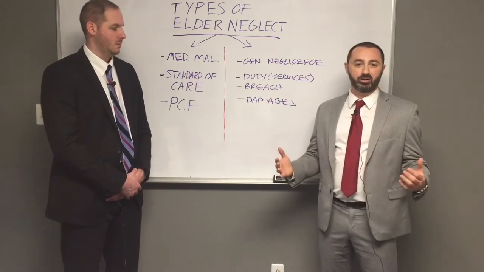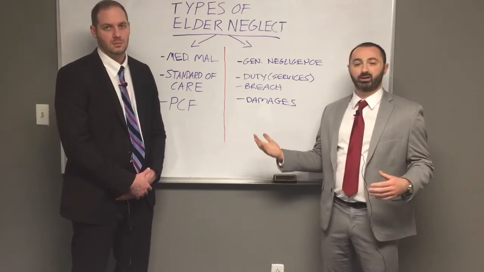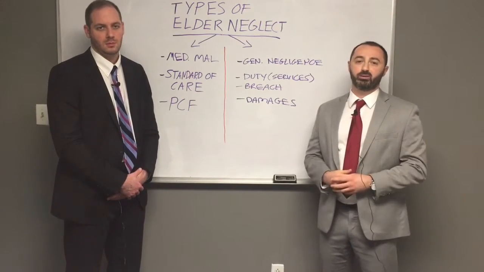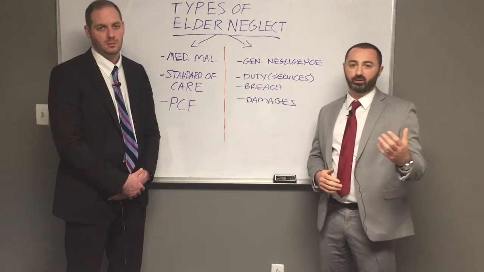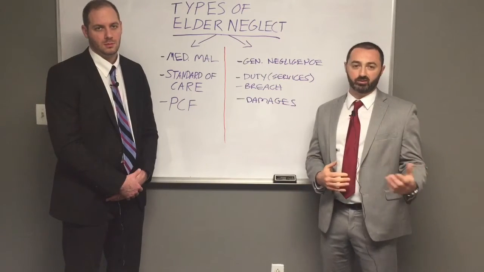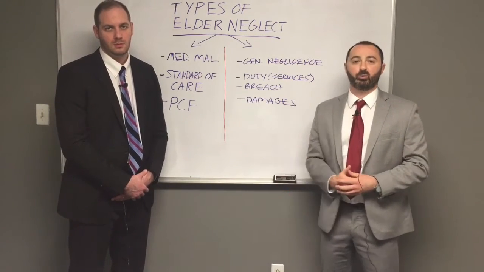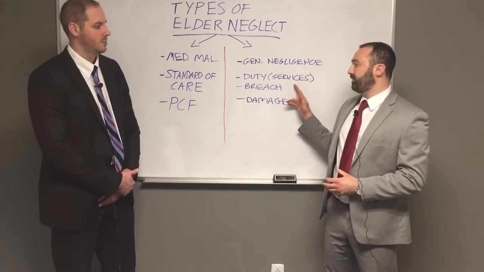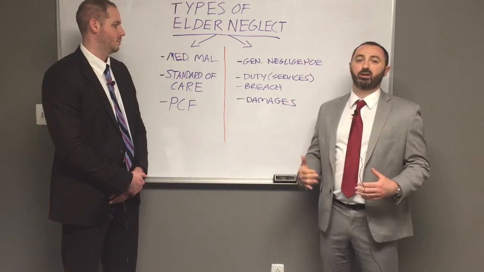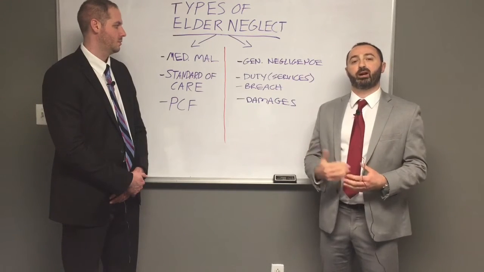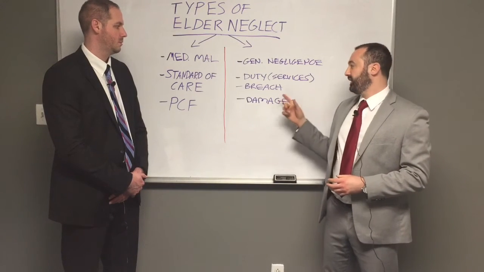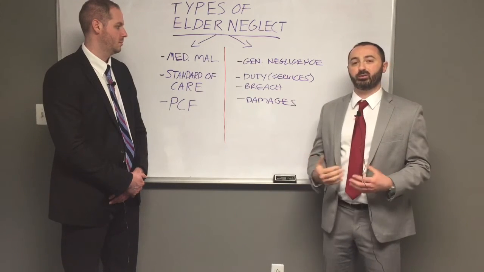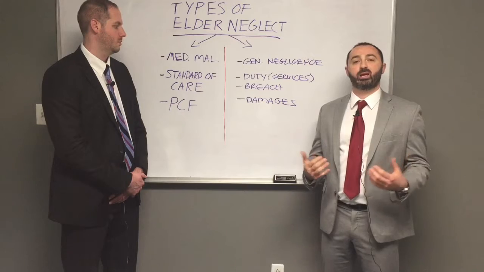And that's a broad range of companies, right? I mean, that can be companies involved in transport, companies involved in preparing meals, and then of course home healthcare attendants, or even just simple sitters, people that are just supposed to be with the person for a certain amount of time. And so those organizations all owe a basic duty to the elderly person that they're providing a service for. And when that company commits some sort of breach, so they breach that duty, that's when we're talking about now we have a case.